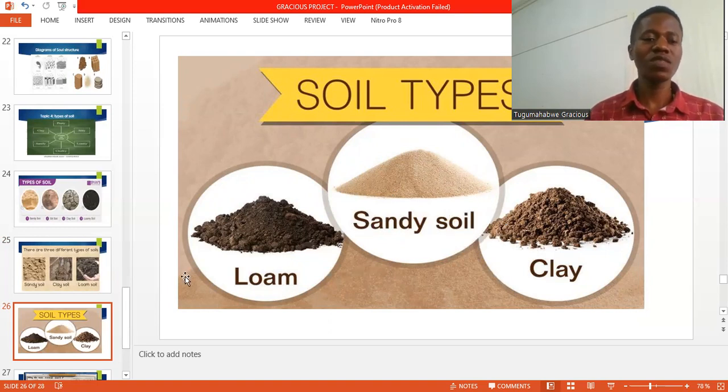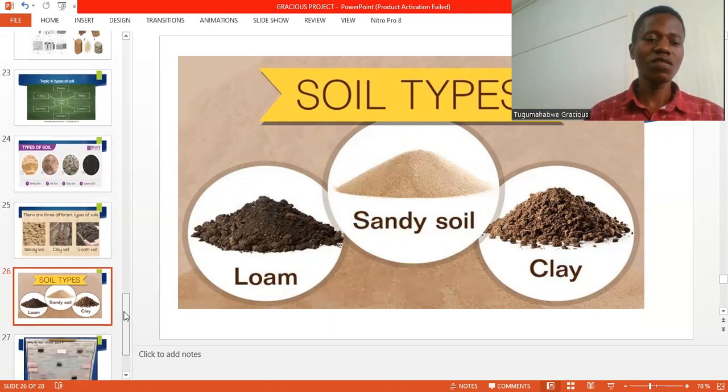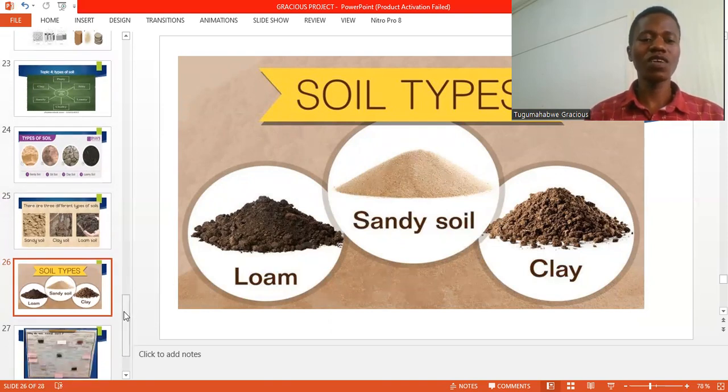I can bring them in the class for them to understand different types of soil, how they look like, so that when they go outside the classroom, when they meet these types of soil, they really remember what I have just told them.